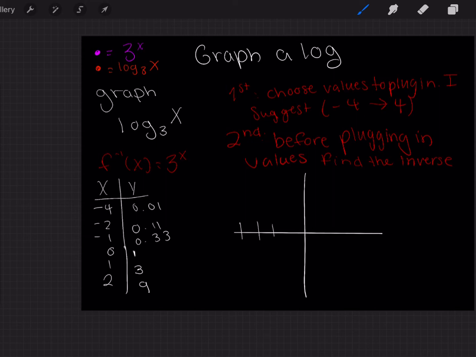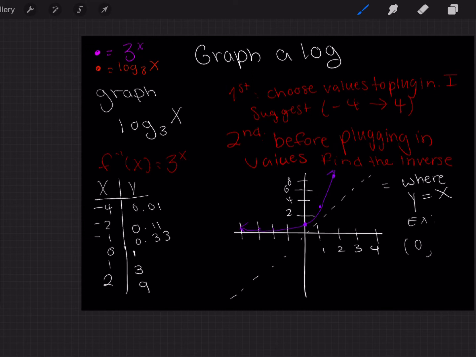Now you are going to take your parent graph, which is the 3 to the power of x. Once you have this, there is a line that goes in between, which is where y equals x.